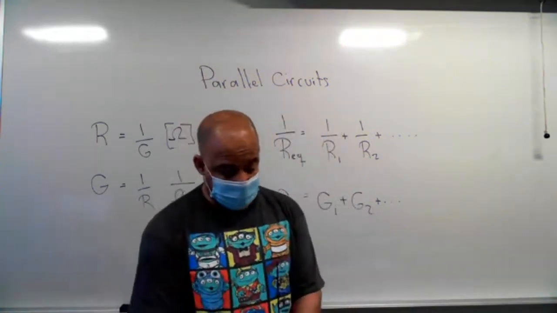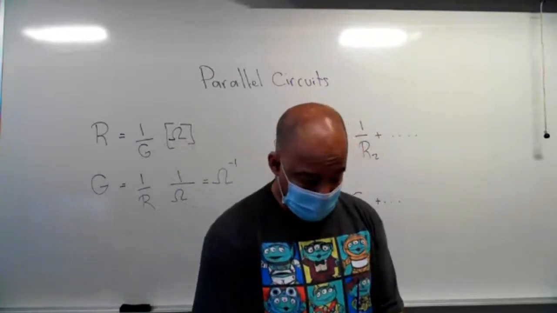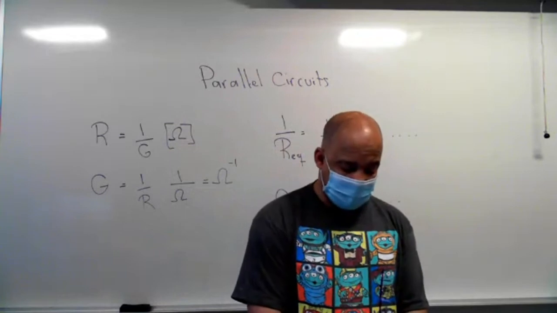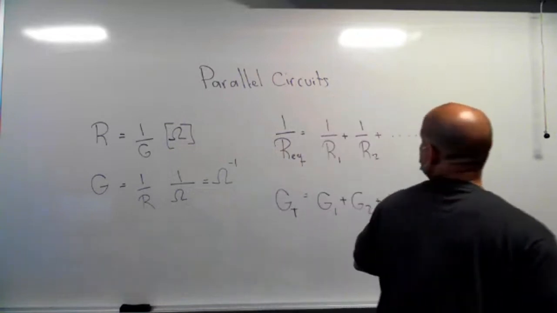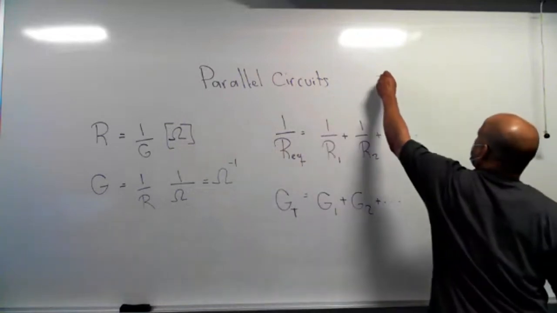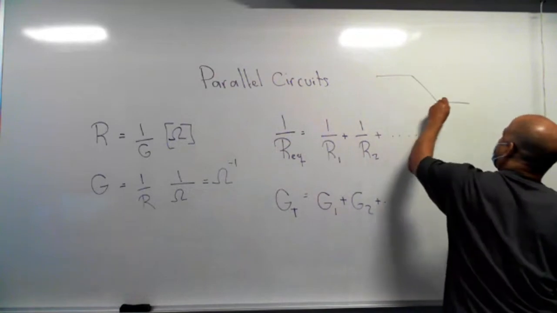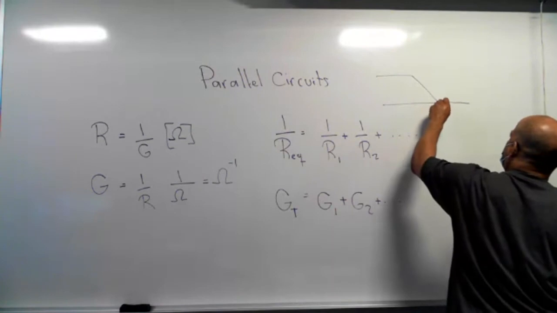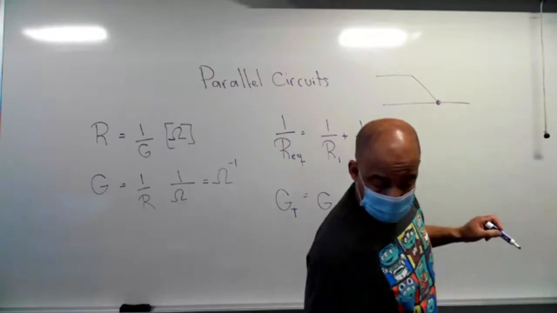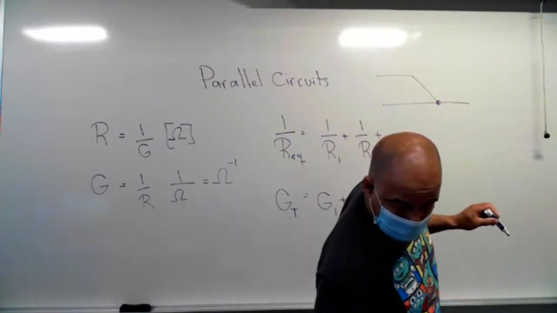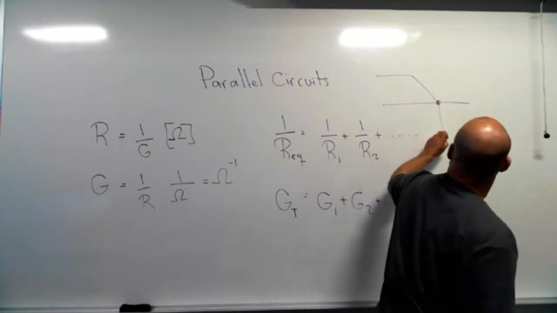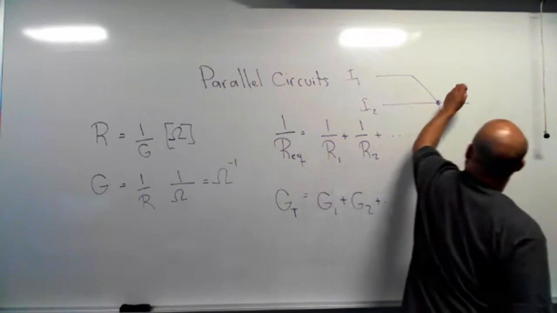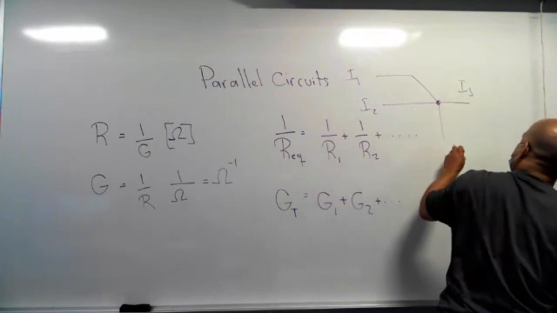If you go down to figure 9.2 on your lab, you'll see that box is confusing. What they have is connections of wires like this, with a dot right there showing that there's a connection of wires, a node. Then they have I1, I2, I3, I4.